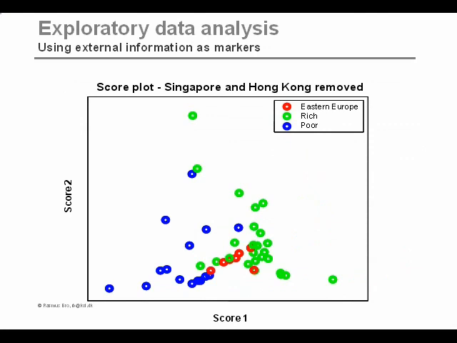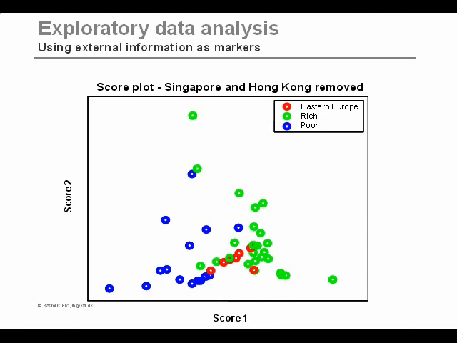Another strong feature in this visual approach is the use of markers. In this case, we have exchanged the sample names with colors, and we use colors for poor and rich countries. Then it was a little bit unclear where the Eastern European countries should be positioned, so we used a specific color for the Eastern European samples.